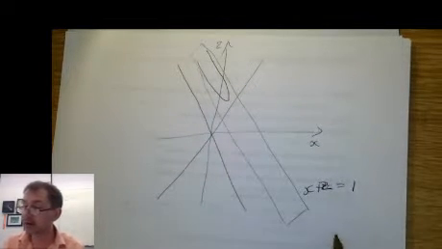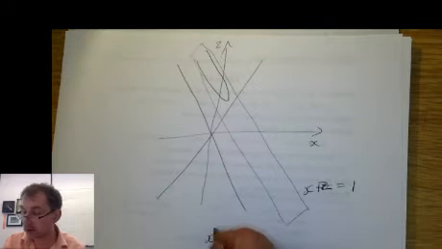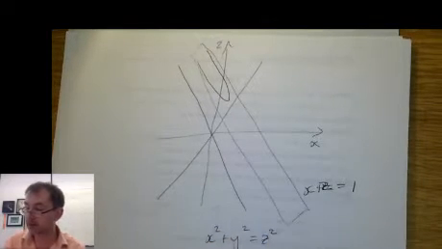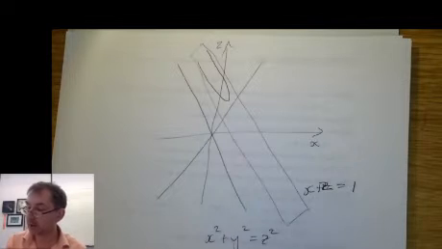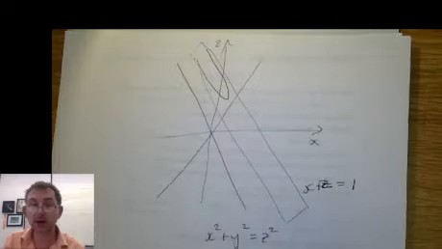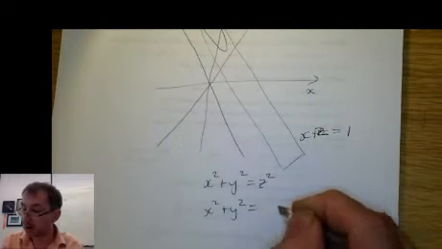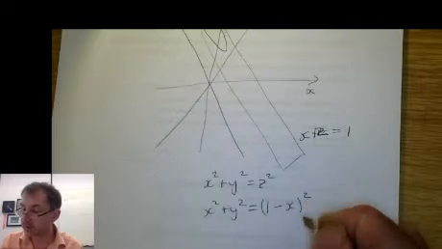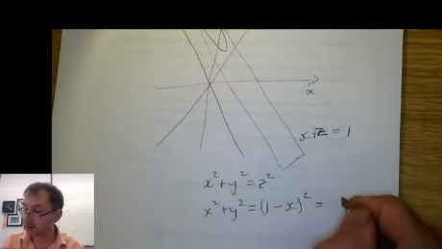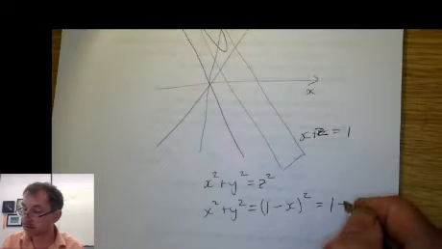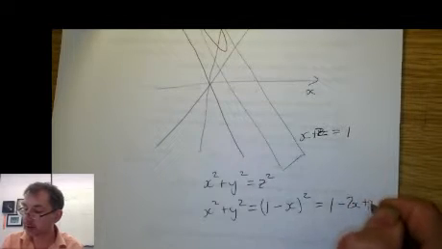If I plug that into the equation x squared plus y squared equals z squared, then I get x squared plus y squared equals 1 minus z all squared, which gives me 1 minus 2x plus x squared.